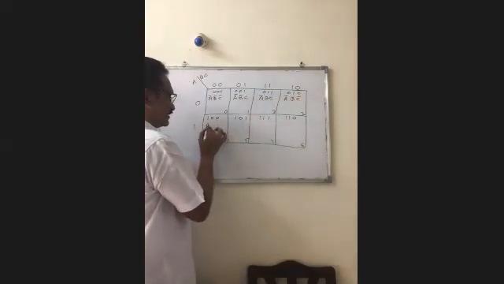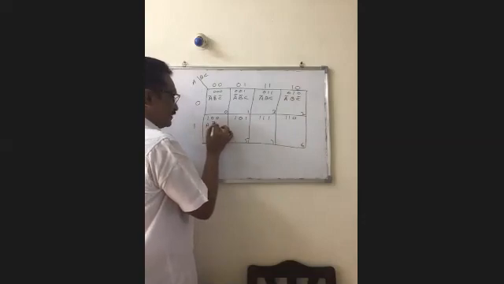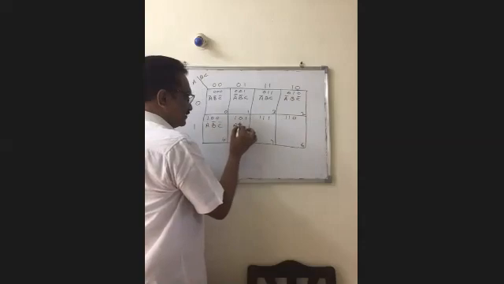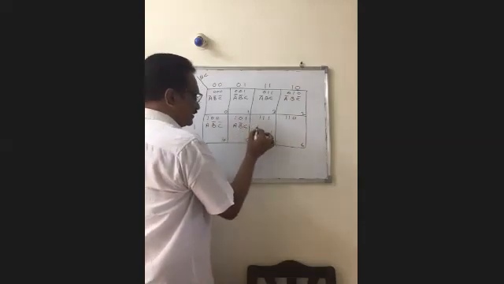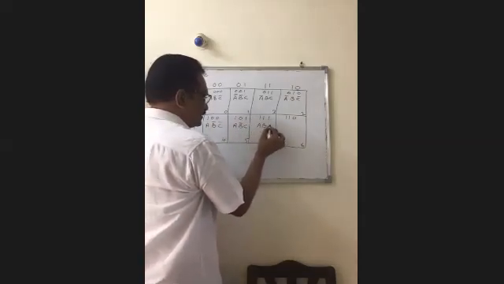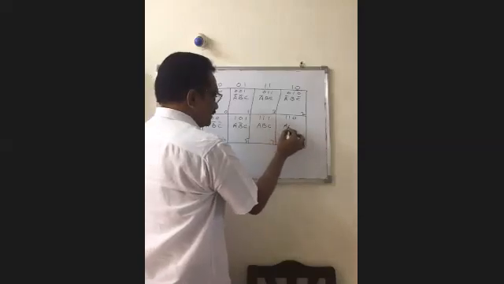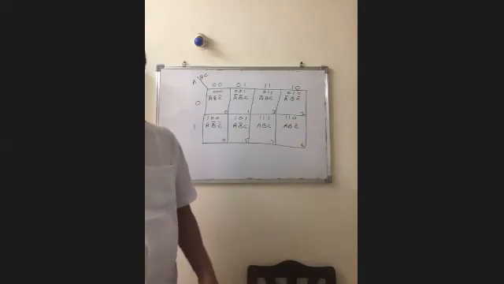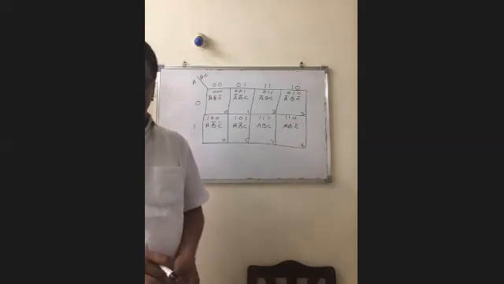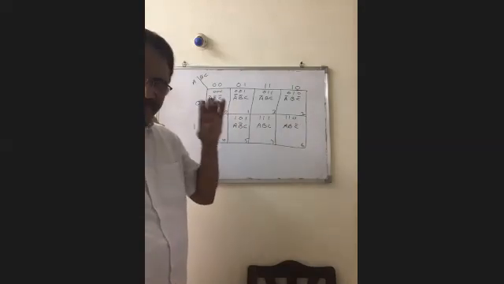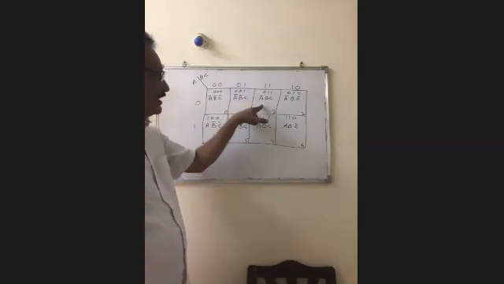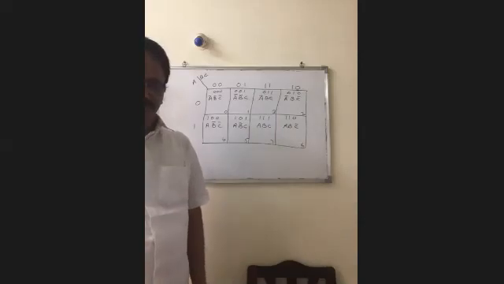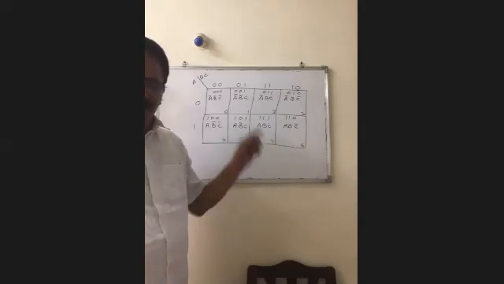For this one, A, B bar, C bar. For this one, A, B bar, C. A, B, C. A, B, C bar. The corresponding min term for this square is A bar B C.